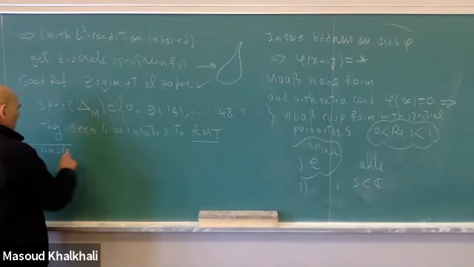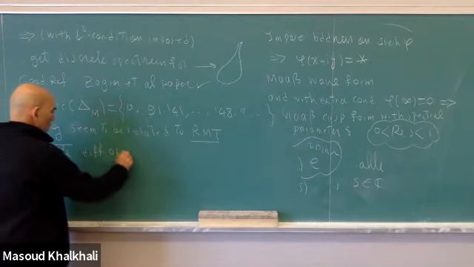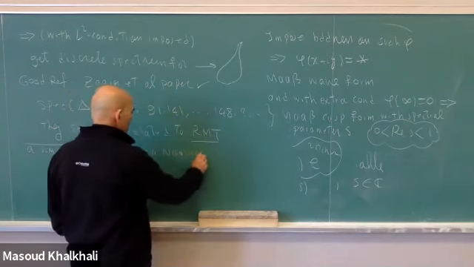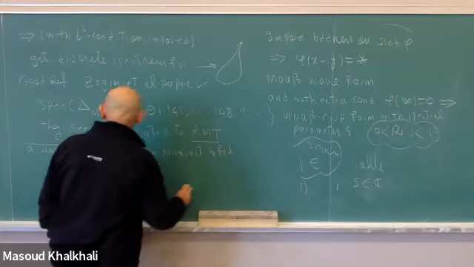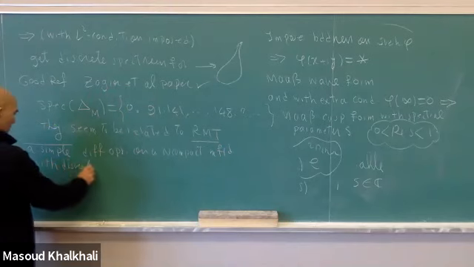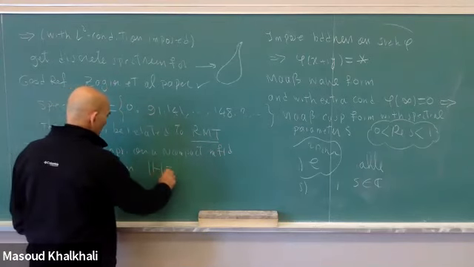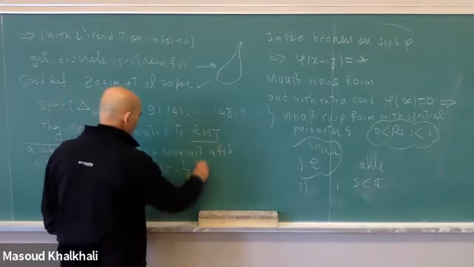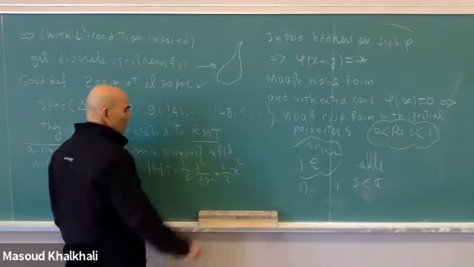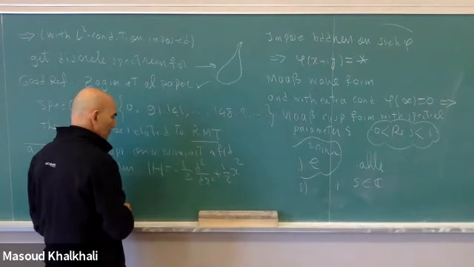So let me write it: a simple differential operator on a non-compact manifold with discrete spectrum. Of course, it's the harmonic oscillator, H equal to -1/2 d2/dx2 plus 1/2 x squared. You can put x^4, x^6 here, and these will all give such results.